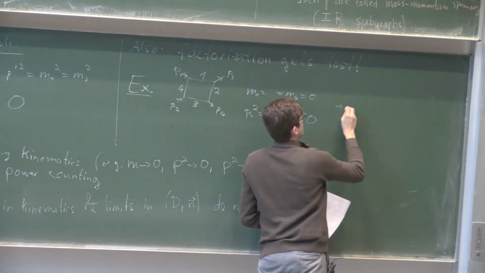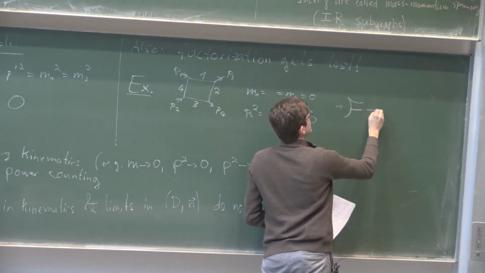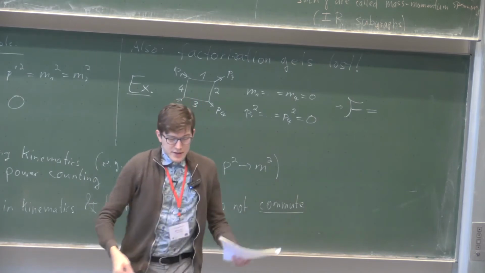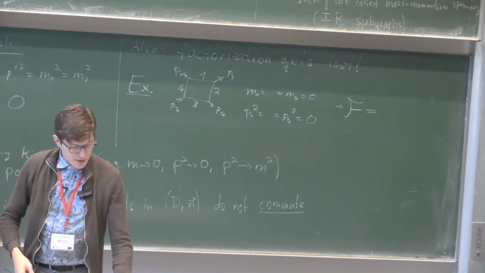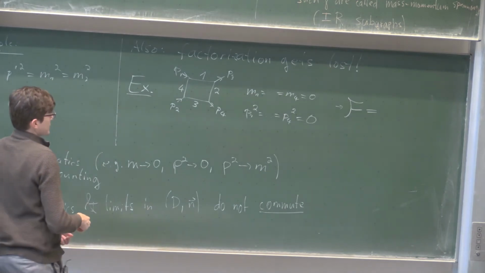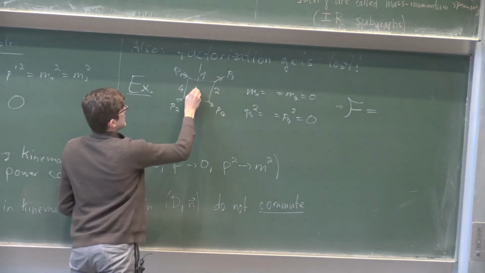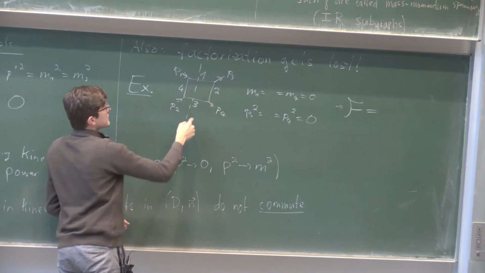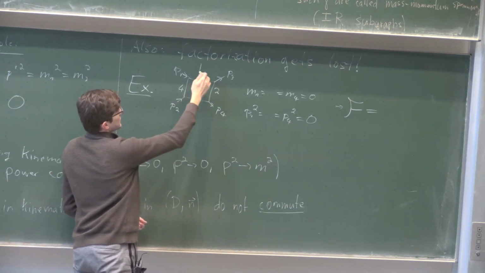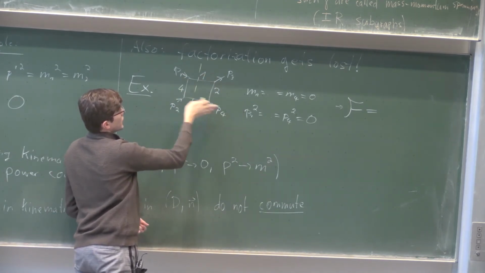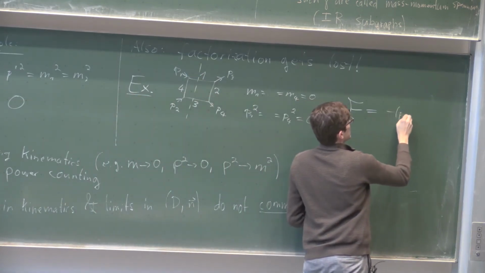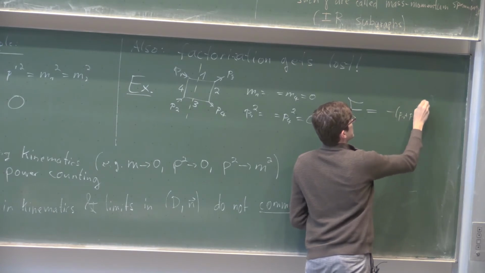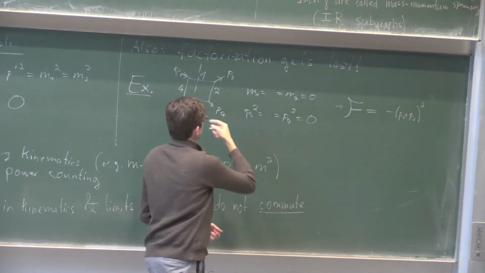What is the F polynomial then? Well, there's no masses. Even the individual external legs are on shell. So the only thing we can do is cut across two edges. So we can, for example, delete the edges 1 and 3. So then we have momentum P1 plus P2 flowing through this cut. So we have minus P1 plus P2 squared, and the edges that we have cut are x1 and x3.